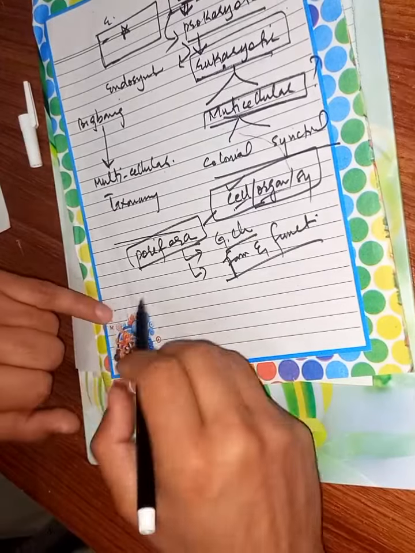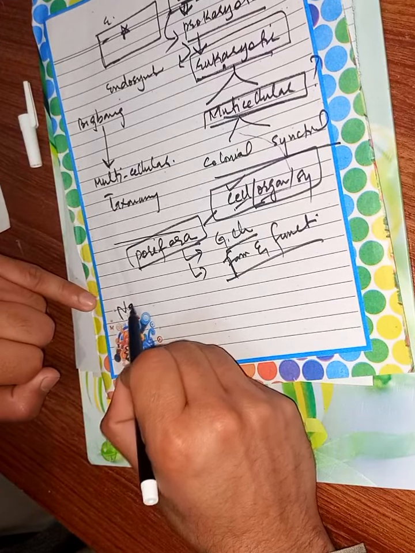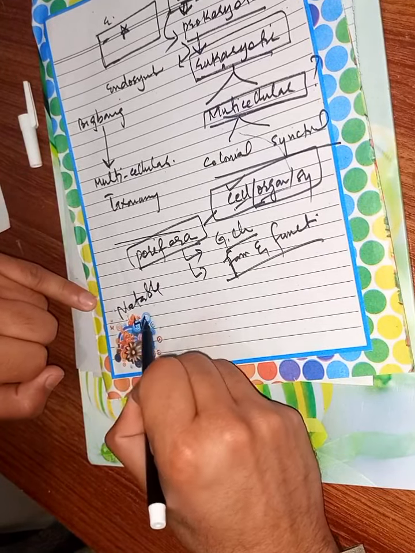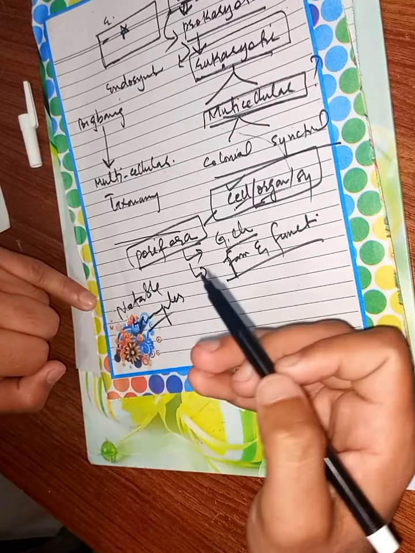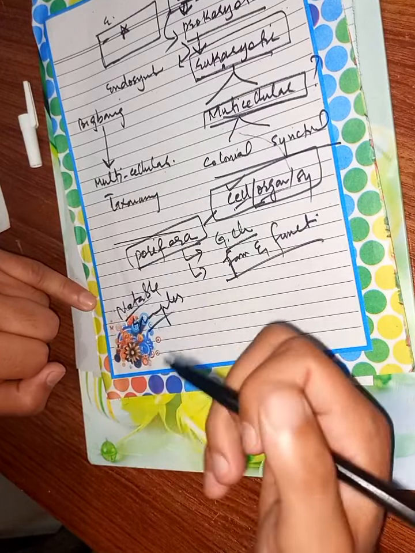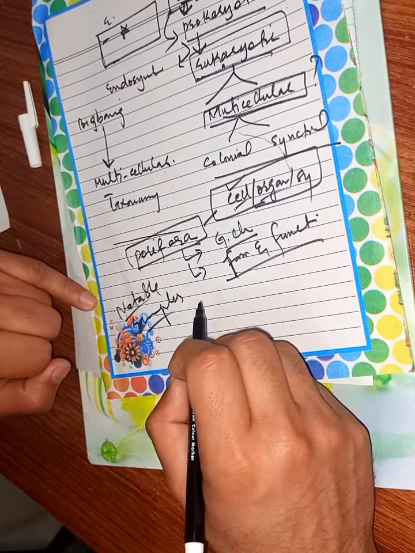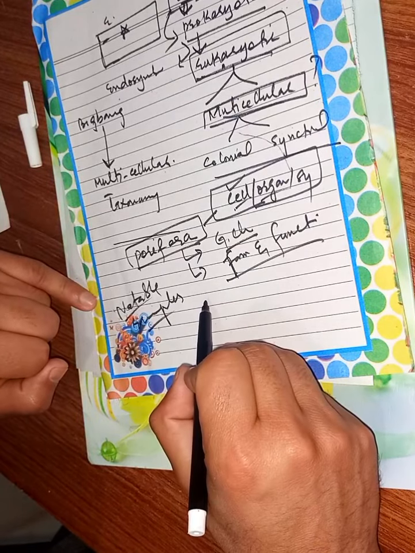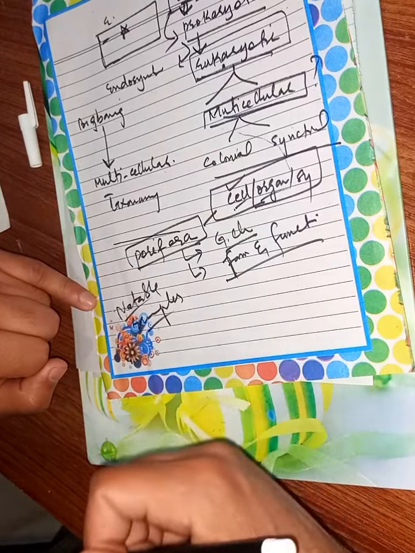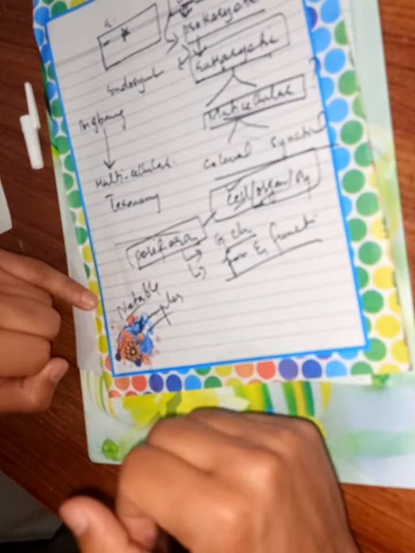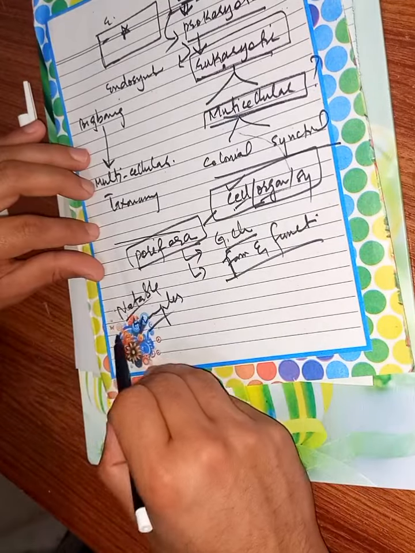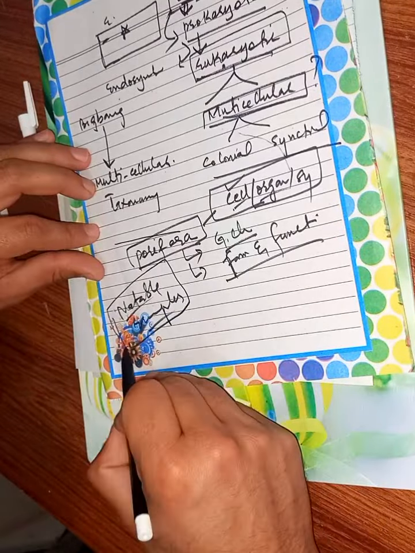Okay, most importantly, you should study the notable examples of a particular phylum. It is out of the question that anyone can remember the whole classification and all the classes of a particular phylum. So you are supposed to study at least the notable examples of some classes of the phylum.